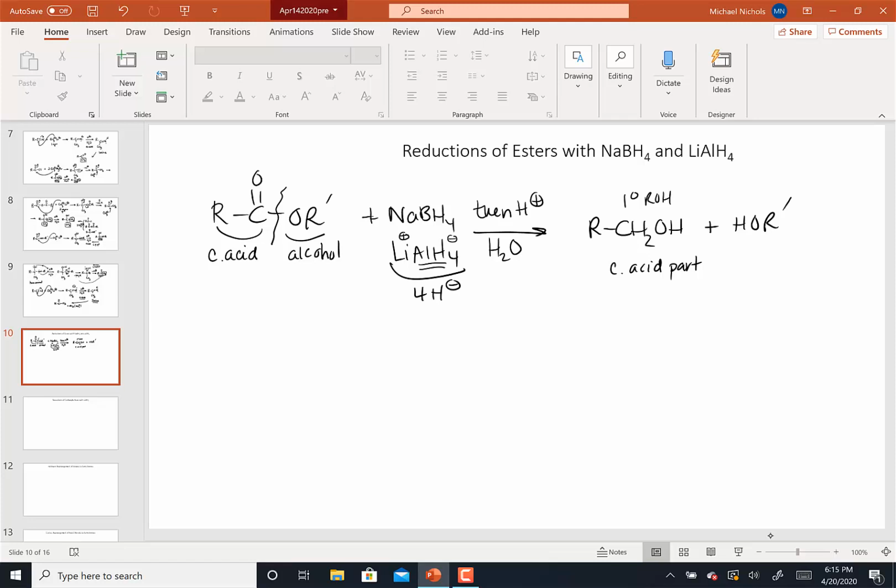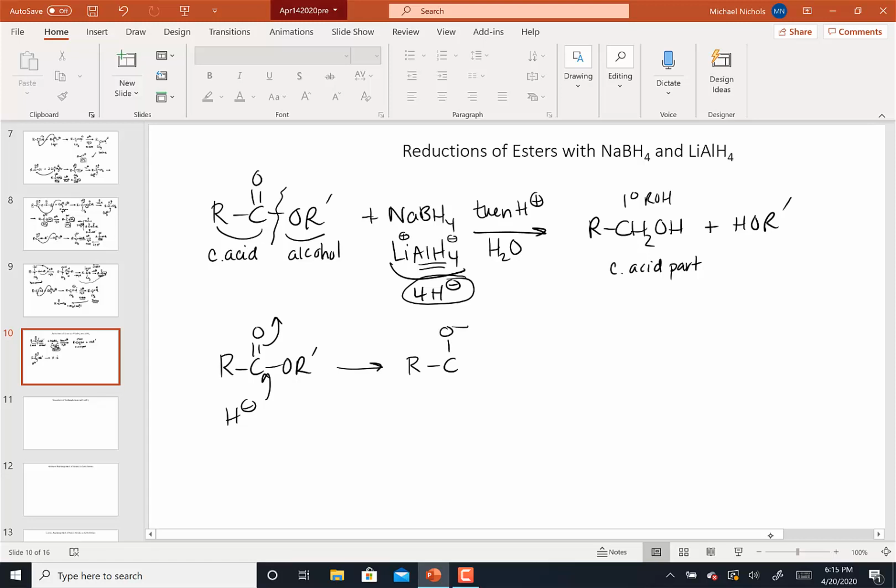So let's talk about the mechanism of this reaction and how it works. First of all, I have the ester, and remember there are 4 H minuses that the lithium aluminum hydride can donate. So the first H minus comes into play, attacking the carbonyl and forming the O minus like so. Now the lithium is a counterion for that O minus.